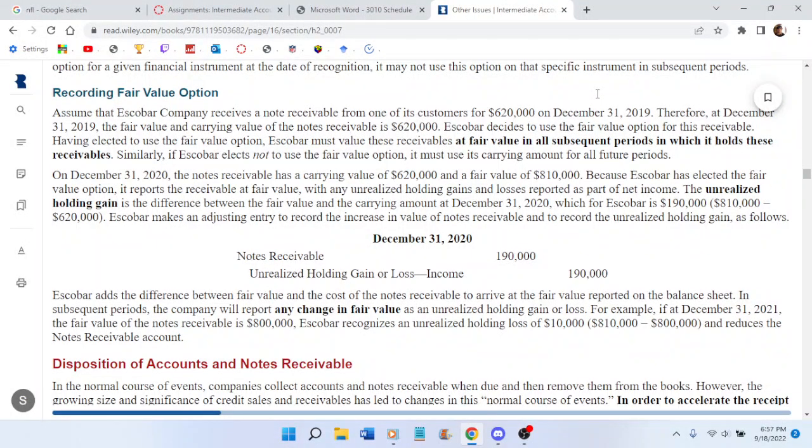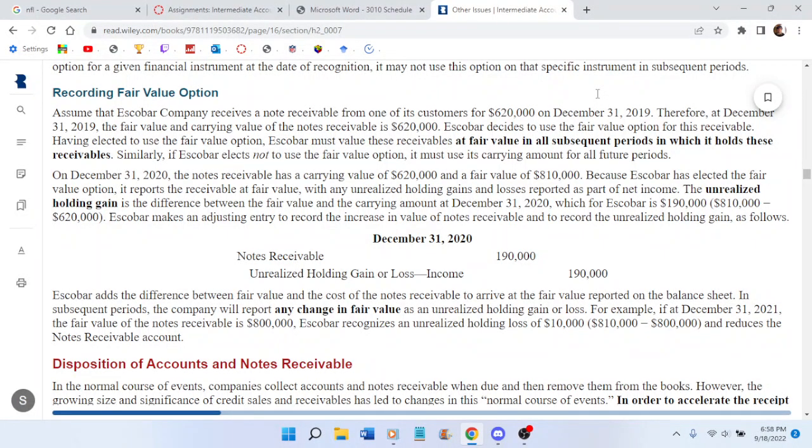Now it's a year later, and the fair value has risen to $810,000. Now you must report the receivable at fair value. Any unrealized holding gains and losses are reported as part of net income. The unrealized holding gain is the difference between the fair value and the carrying amount.